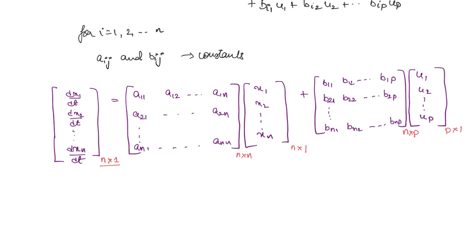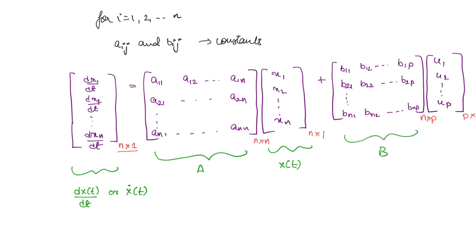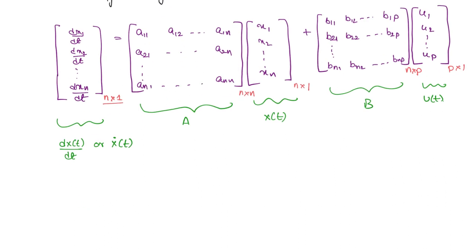So now finally this matrix you can write as d by dt of the state vector, or you can also write this as x dot of t. Okay, and this matrix you can write as A, and this is nothing but the state vector. This matrix you can write as B, and this is the input vector. Okay, so finally you can write x dot of t is equal to A x of t plus B u of t.